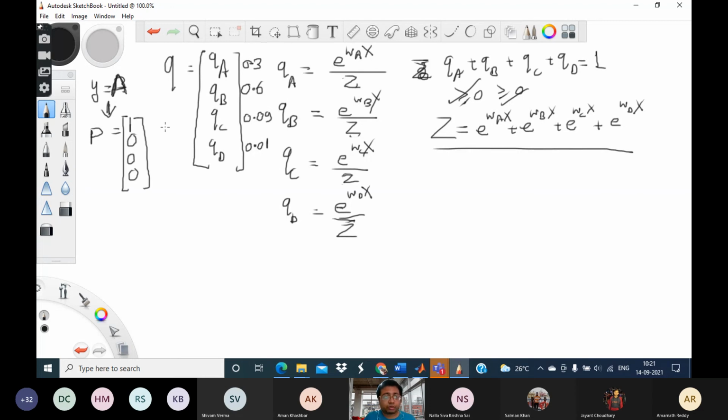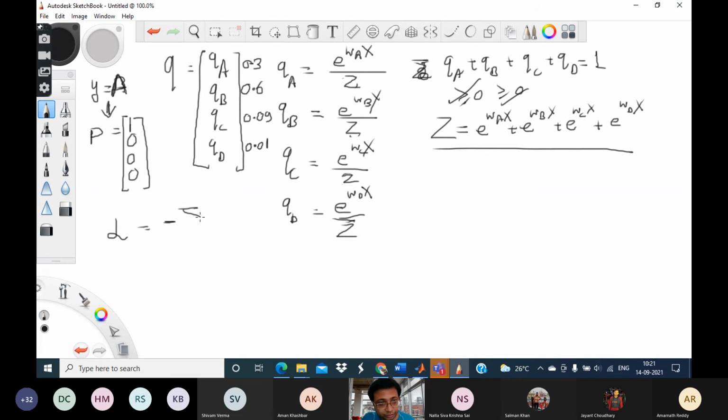This is the hard coding. So this is my p and this is my q. Now I need to define the loss value, which is nothing but the cross entropy. So what is the cross entropy?